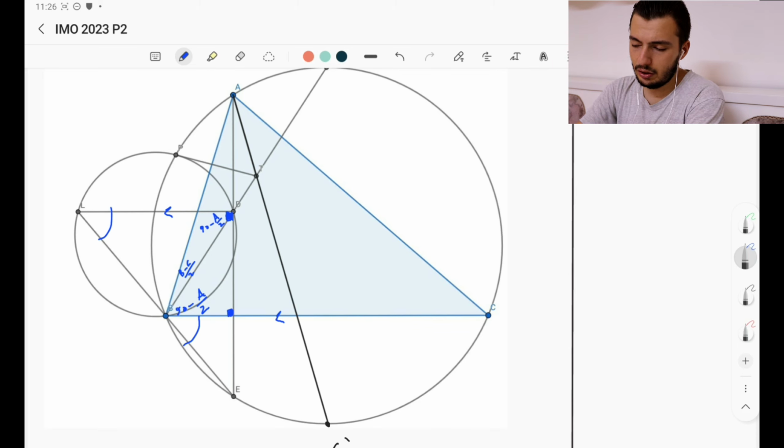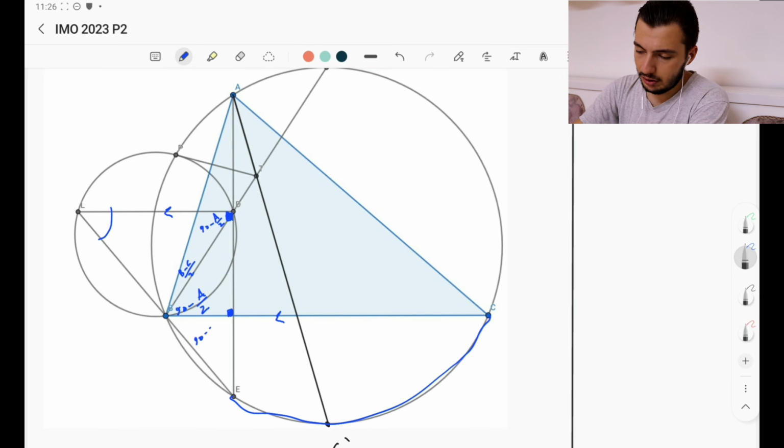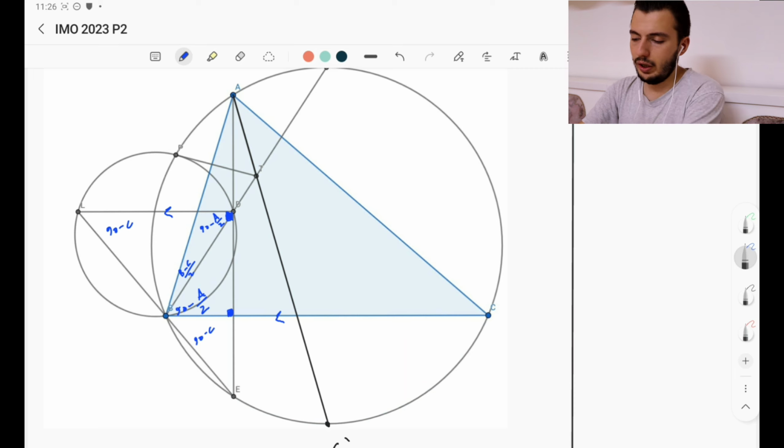This angle is the same as this angle. What is this angle? It's EC. What is EC? It's the same as this angle. This angle is just 90 minus C. So we can simply see that here, 90 minus C. And this one as well is just 90 minus C. Okay, we have lots of angles, which is very good. Of course, we can know this angle as well.